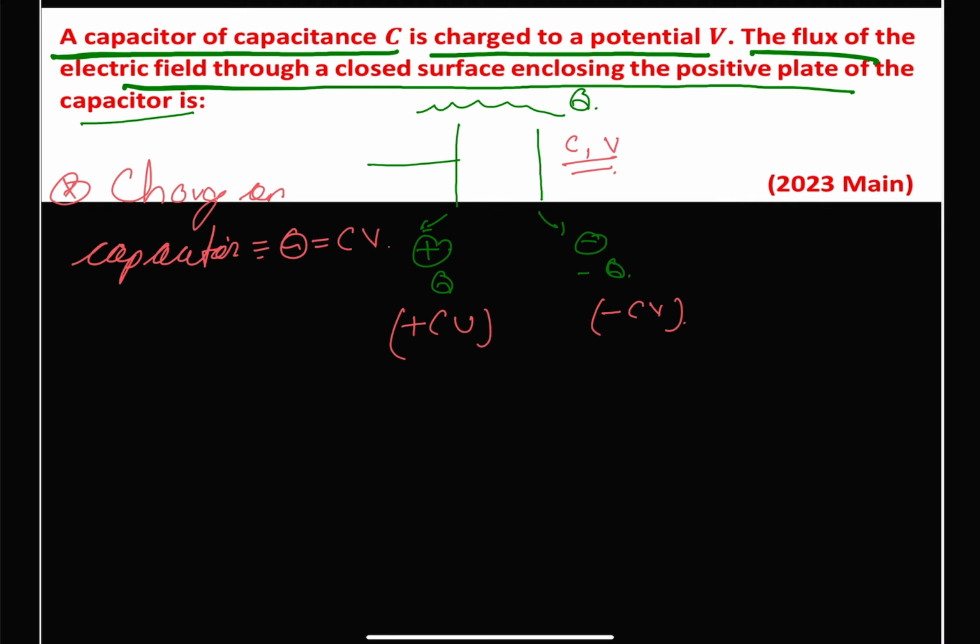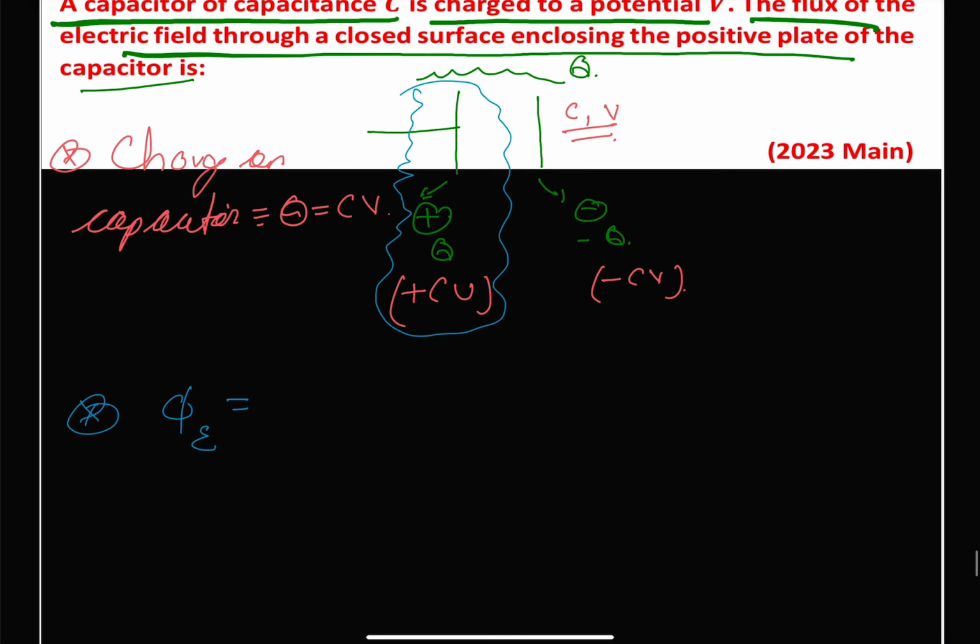And we are interested in the flux. So if we draw a Gaussian surface about the positive plate, we can say that the flux enclosed will be equal to the charge enclosed divided by epsilon naught.